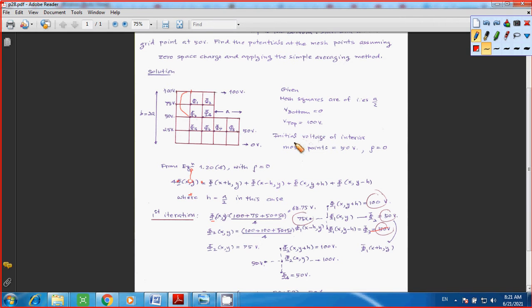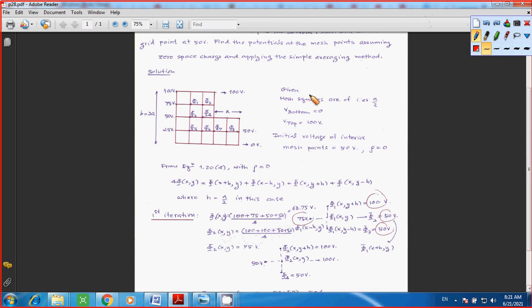Because we assume that initial voltage of interior mesh point equal to 50 volt. And then you go to phi 2, which is the 50 volt. You end up with your phi 1 equal to 68.75.